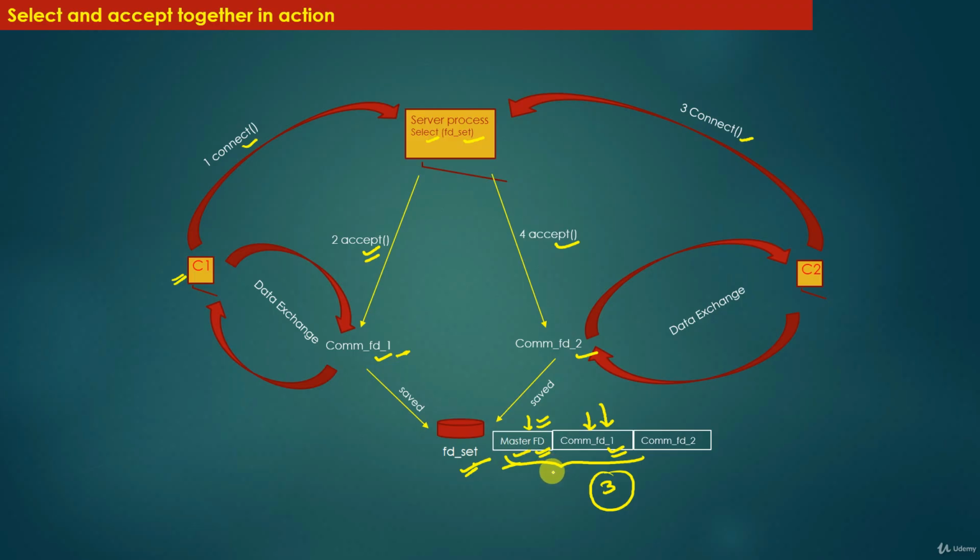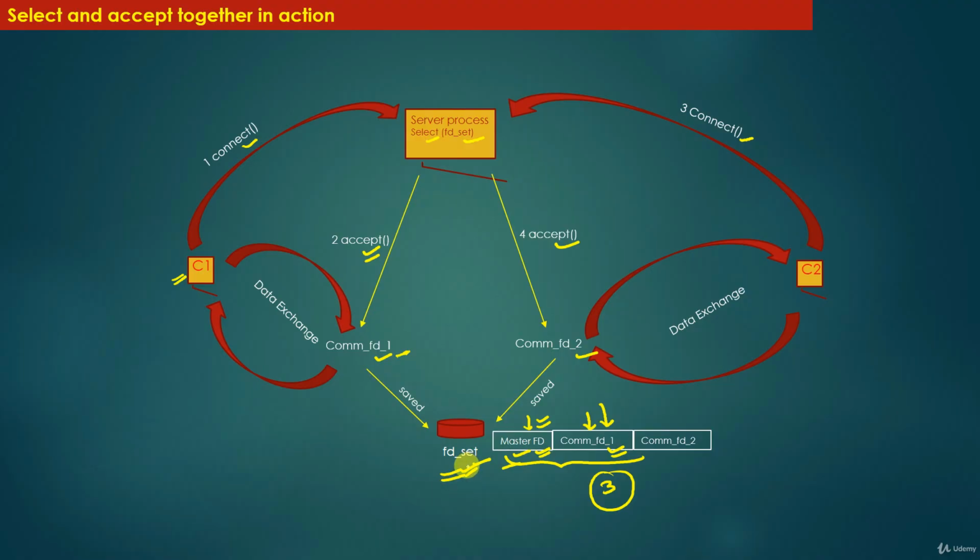It means that our server process is in a state where it can process new connection initiation requests from a new client, as well as process data requests that can come from either client C1 or client C2 in any sequence. So now you understand that the select system call actually monitors all the file descriptors which are present in the FD-set data structure.